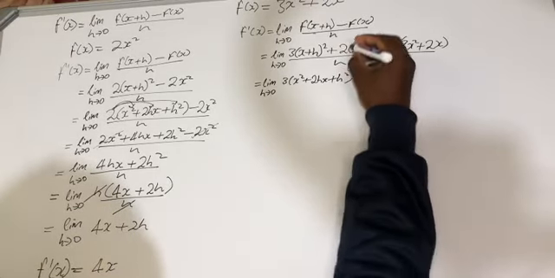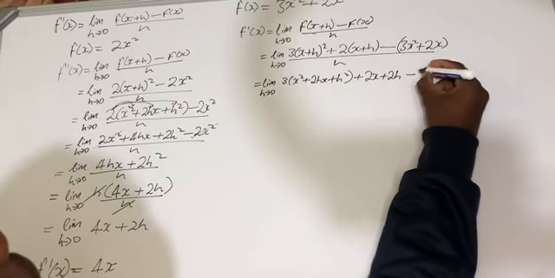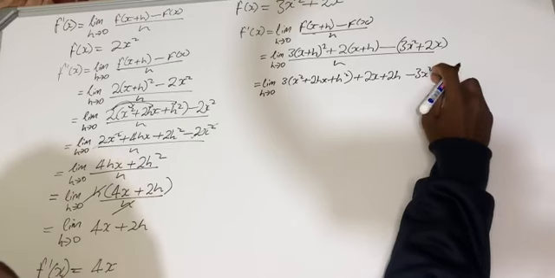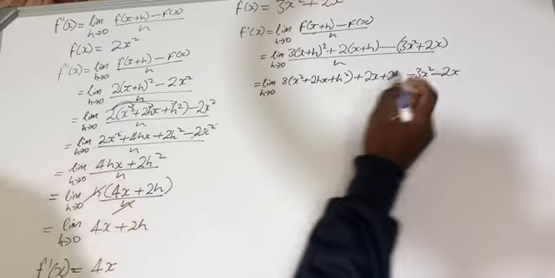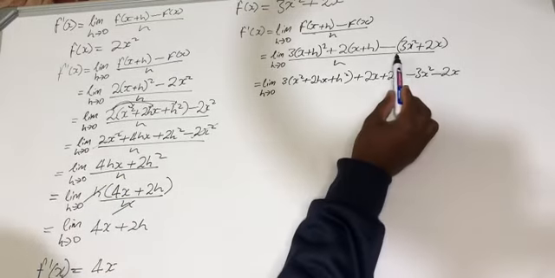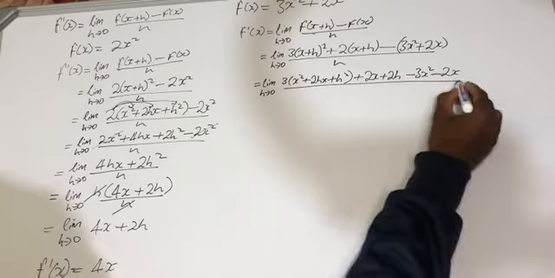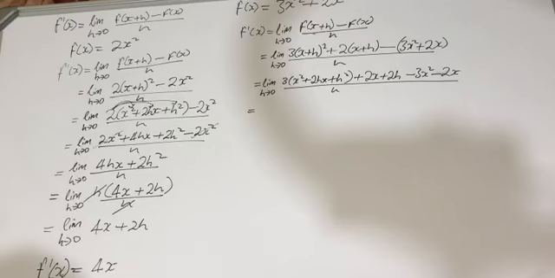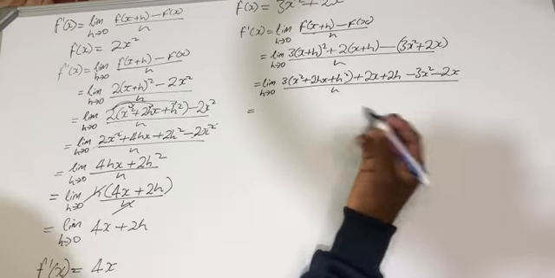So this is 2x plus 2h minus 3x squared. Remember, this is negative, so when you distribute that negative, it's going to be minus 3x squared minus 2x, right? And then over h. But this is not fully distributed because there's still a bracket here. So let's work on removing that bracket.